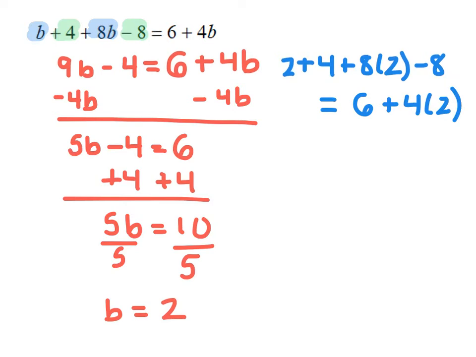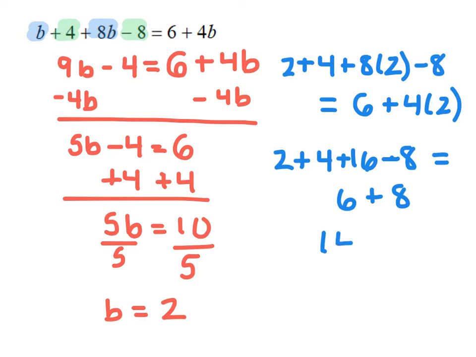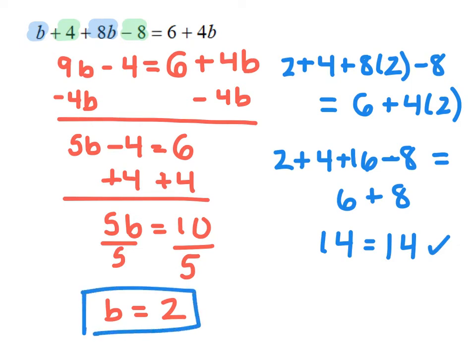If I simplify on the left-hand side, I'm going to get 2 plus 4 plus 16 minus 8 equals 6 plus 8. If I combine like terms on the left side and the right side, I end up with 14 equals 14. And since this is true, we can say that b is equal to 2.